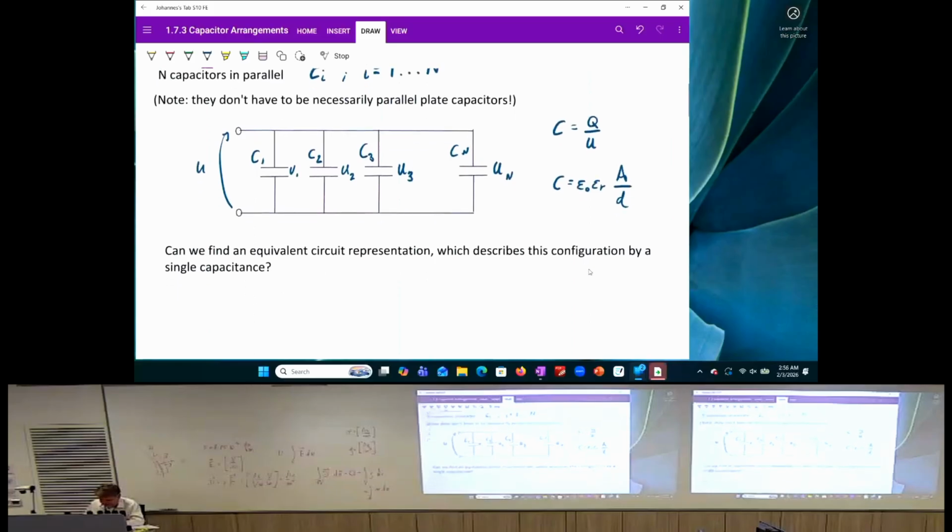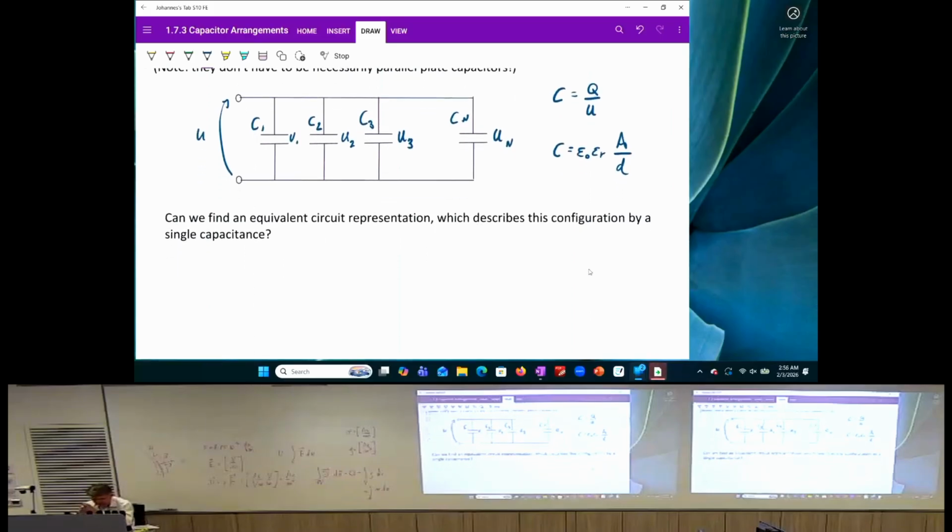So now our question is, how can we find an equivalent circuit representation which describes this configuration by a single capacitance? So we would like to have an equivalent circuit of what we have here above. But this equivalent circuit should not contain a number of parallel capacitors.